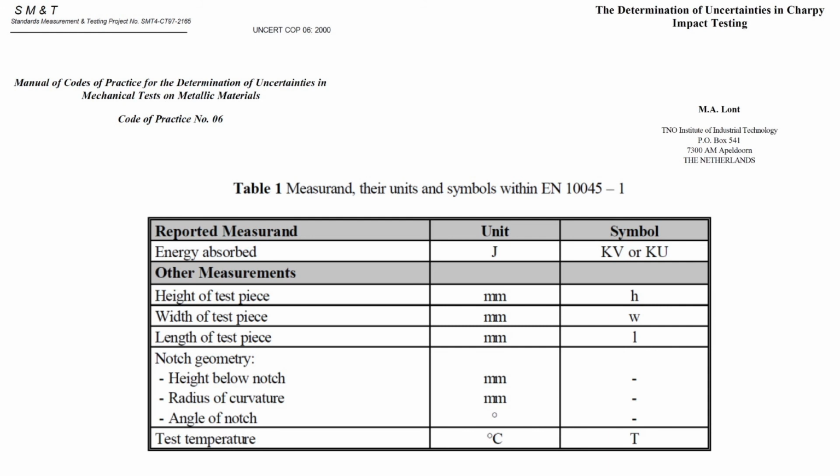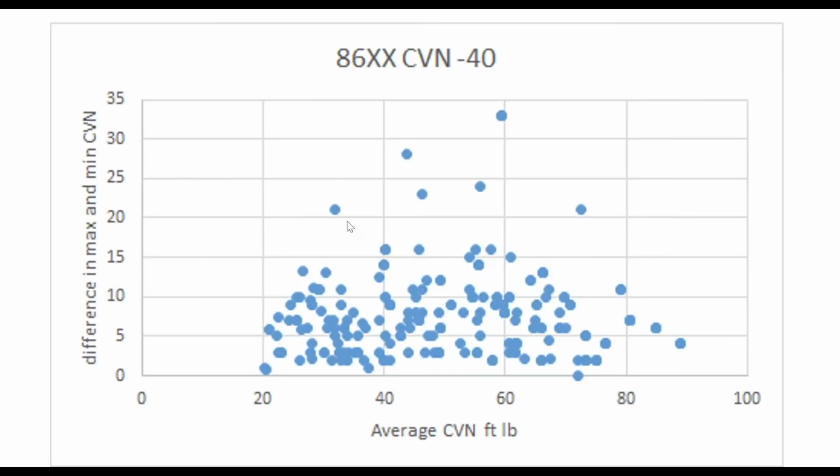For Charpy V-notch, it's pretty interesting because I can take the data that I have and take the highest value and the lowest value from 3 specimens that are supposed to be in the same location. For the 8630 material at minus 40 degrees, I get at least 10 foot-pounds difference typically between the maximum and minimum from a set of 3 specimens.